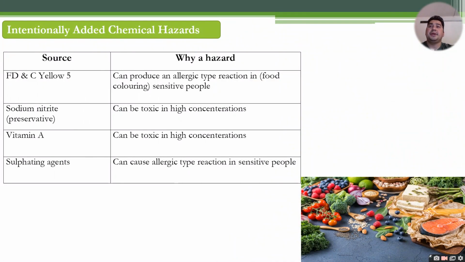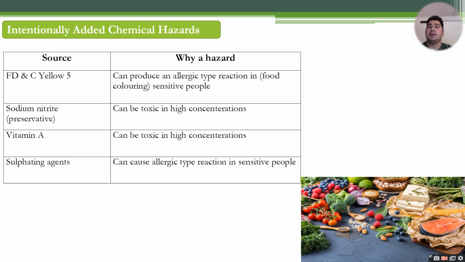Now, intentionally added chemical hazards. People sometimes intentionally add chemicals to food to improve color, taste, sweetness, and certain other things. FD&C Yellow 5, a food coloring, can produce an allergic type reaction in sensitive people. Sodium nitrate, a preservative, can be toxic in high concentrations.